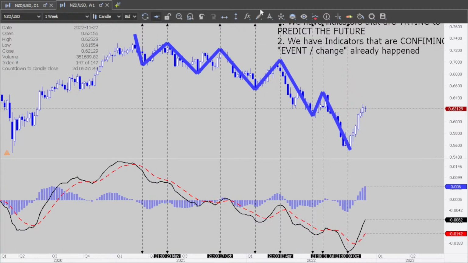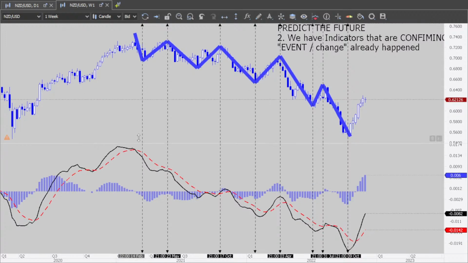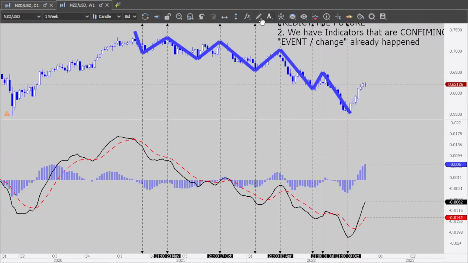Type in the chat, everybody, is MACD an indicator that... boss, I don't know how to use the MACD. We are looking for when the lines are going to cross on the MACD.